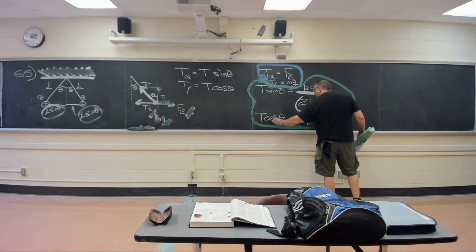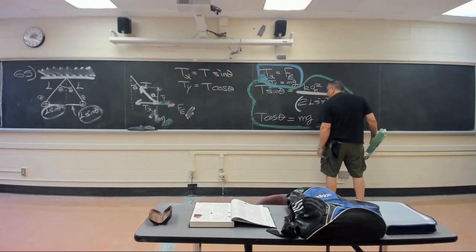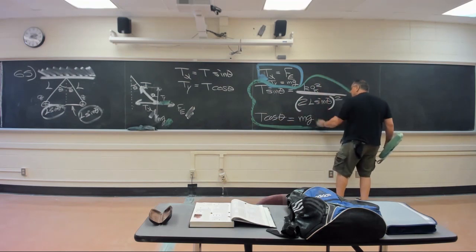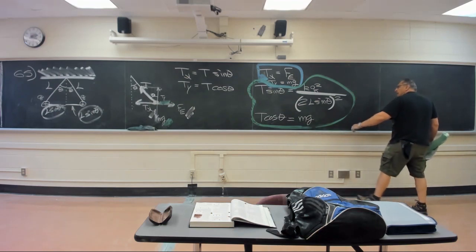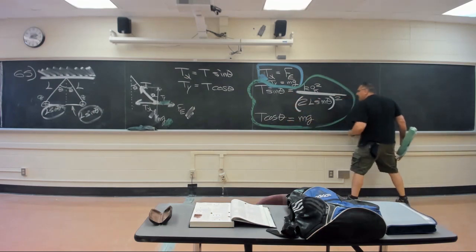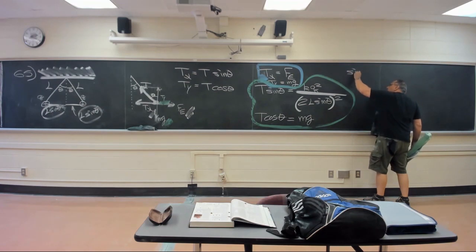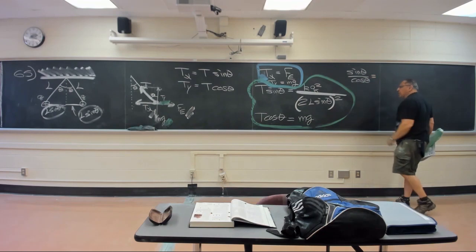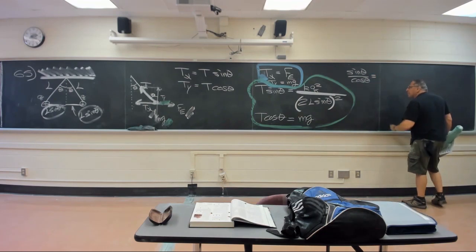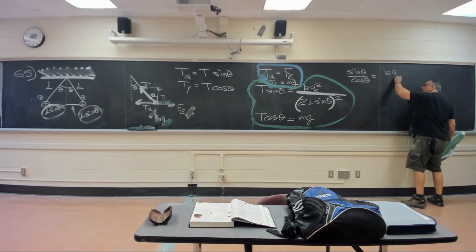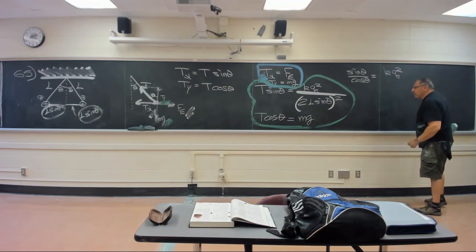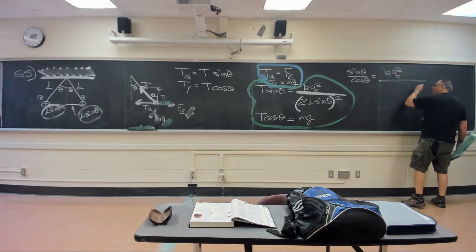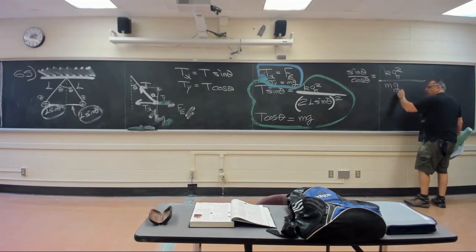Go T sine theta, T sine theta, T cosine theta. This equals that. This equals that. This divided by this is the same as that divided by that. T sine theta divided by T cosine theta is sine theta over cosine theta. And we know how that ends too. KQ squared over mg.